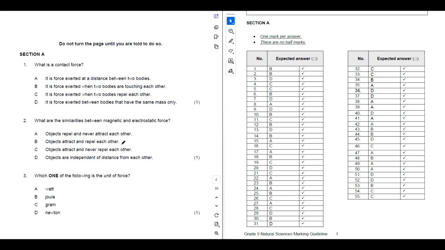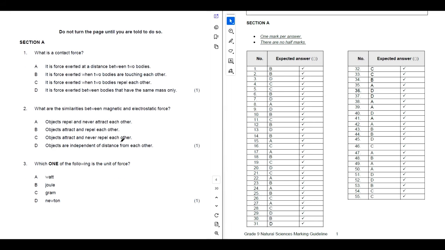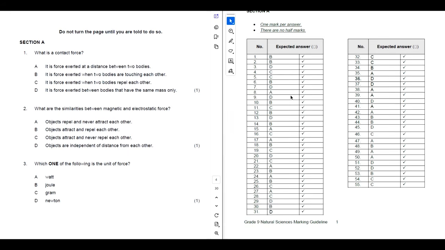Okay, so without wasting any time, we are going to start with Section A, and we'll start with our first question. Question 1 says: what is a contact force? If we look at our memorandum, we can see that the answer is B. Let's see if the answer is really B. A contact force is a force exerted when two bodies are touching each other.